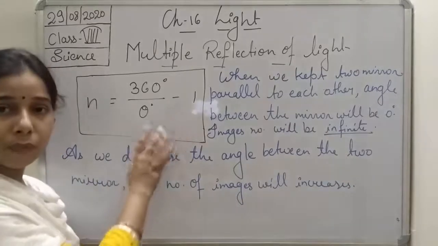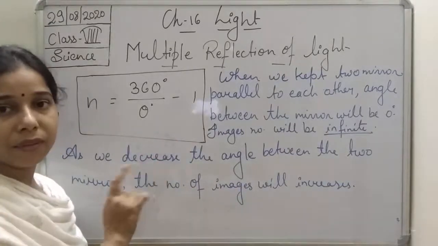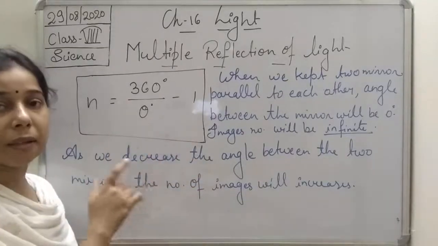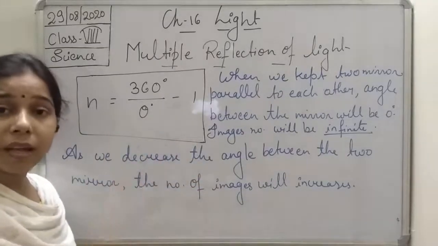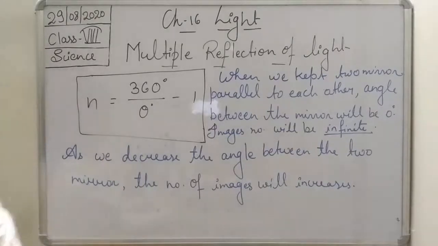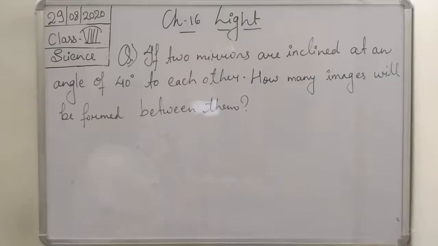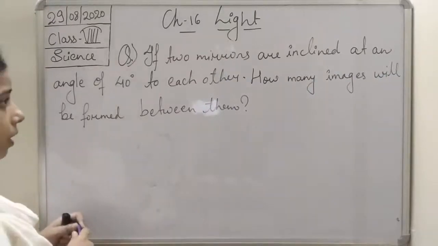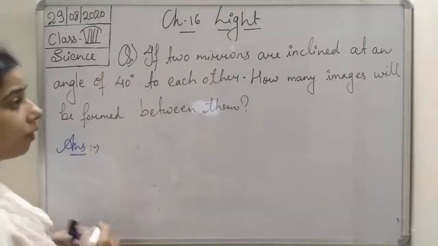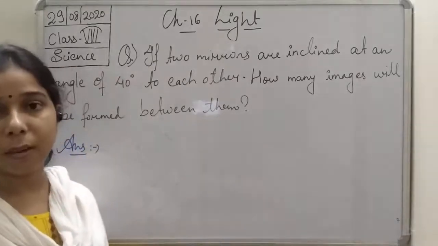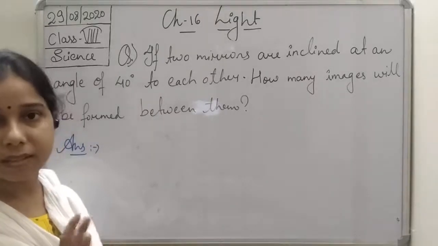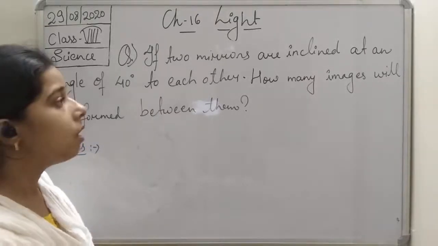Now we have one formula, so we can understand with the help of a question how we can find the number of images if the angle between the two mirrors is given. Okay, so now you see here student, there is a question related to finding the number of images with the help of the angle given between the two mirrors, which are kept at a certain angle.